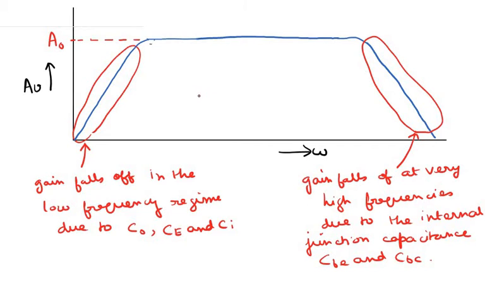Now this frequency range over which the gain is approximately constant is known as the midband frequency range.